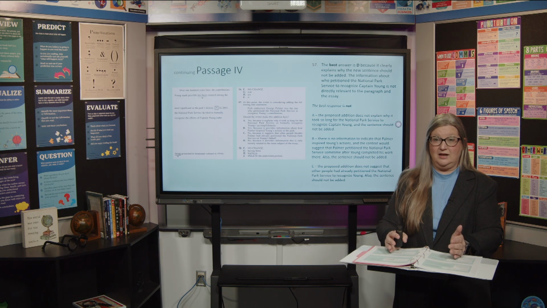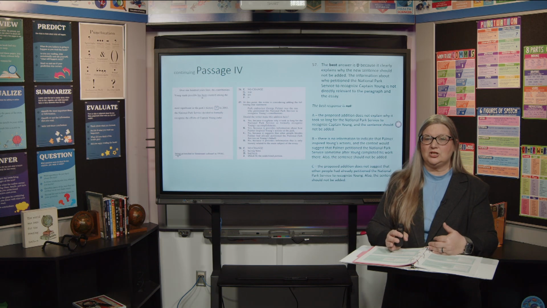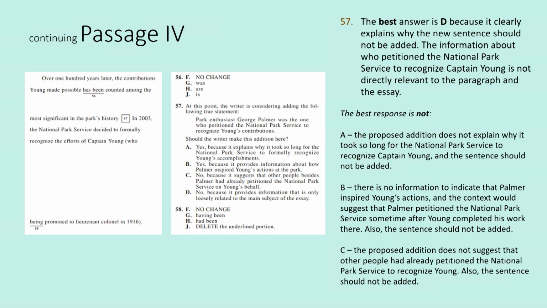Okay? The other answers, if you had chosen those, the correct answer is not A. The proposed addition does not explain why it took so long for the National Park Service to recognize Captain Young, so the sentence should not be added. In answer choice B, there's no information to indicate that Palmer inspired Young's actions, and so the context would suggest that Palmer petitioned the National Park Service sometime after Young completed his work.